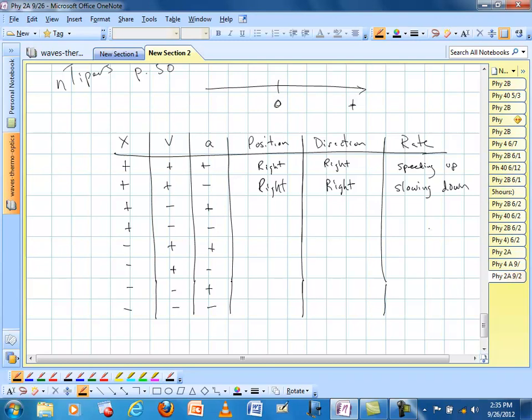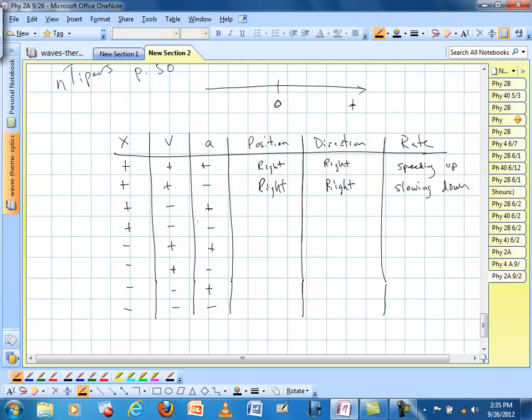So something might be going in a circular path. So even though it's going at constant speed, the direction is changing, so therefore the velocity is changing, and there has to be acceleration if the velocity is changing, either the magnitude or the direction. So that's the way we use it in physics. Could be speeding up, could be slowing down. It just means the velocity is changing.